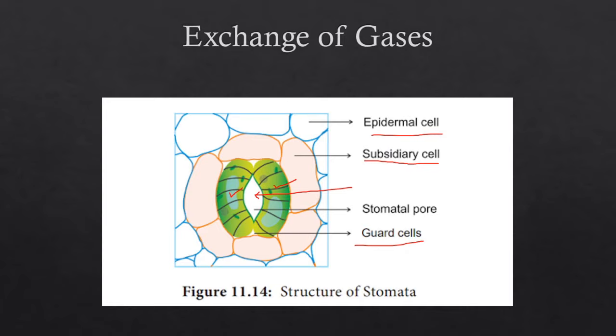So when the stomata remains open for a long time, there is a very good chance that it might lose a large amount of water from the leaves, which may not be ideal, and at those times it needs to close the stomata. So question is, how does the plant regulate the opening and closing of stomata? Let's have a look at that.